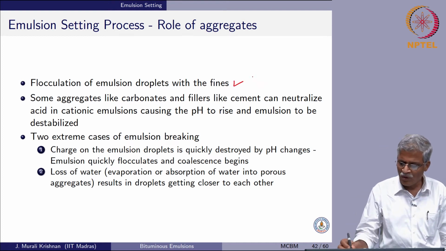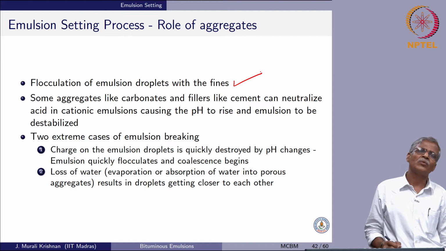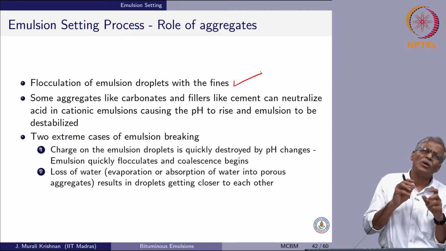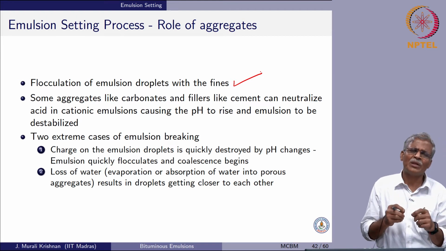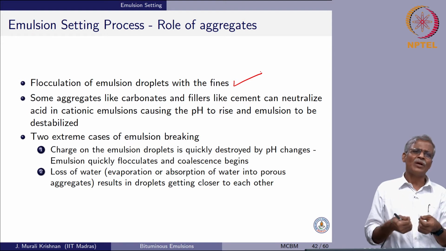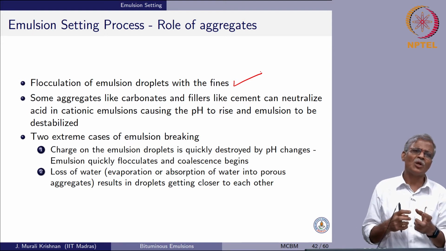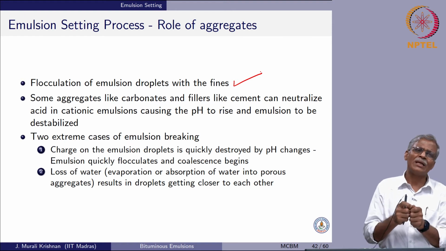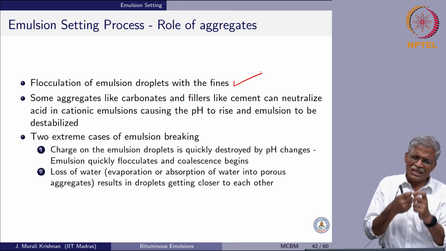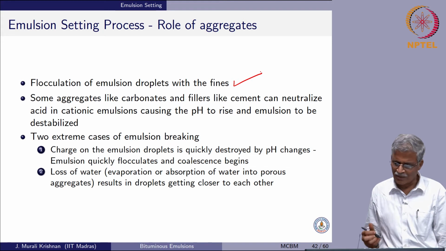Flocculation of emulsion droplets with the fines. This is how it basically starts happening, because when you are mixing, you have fine dust particles, and with this flocculation of the emulsion droplets with the fines, you get a nice mastic kind of thing.